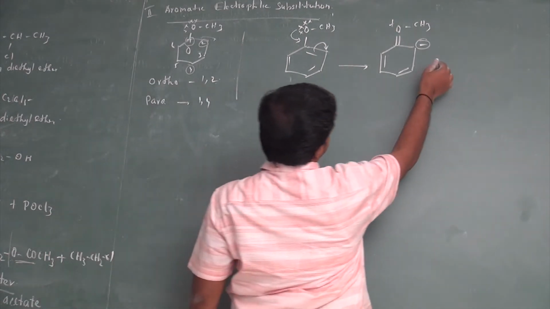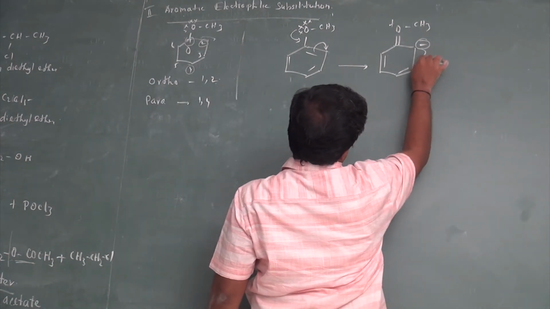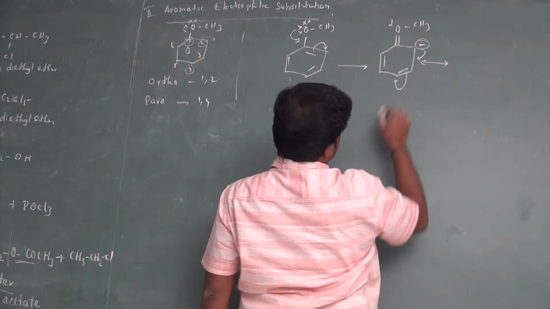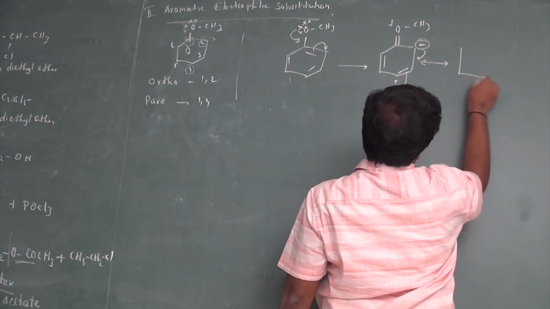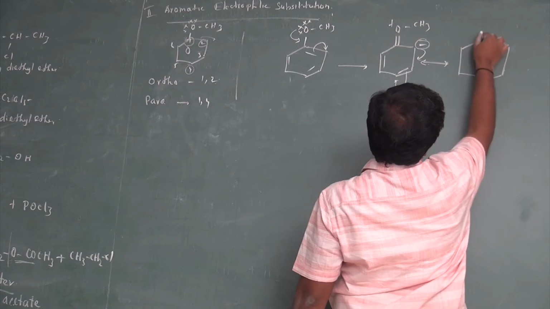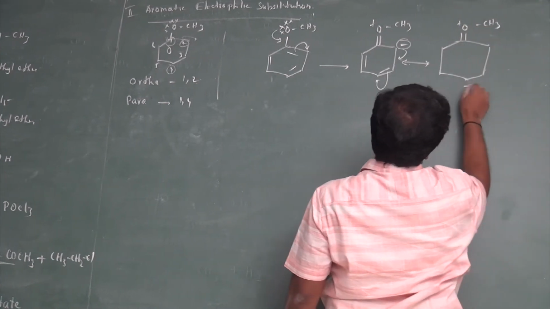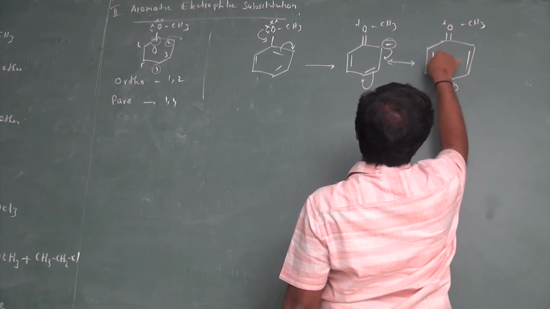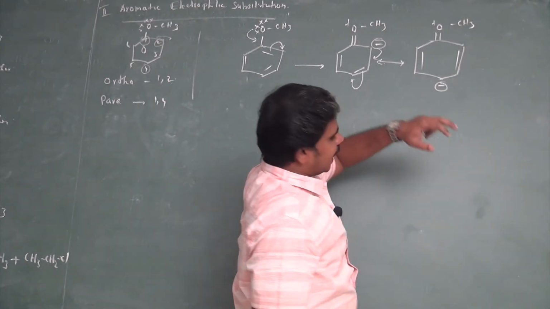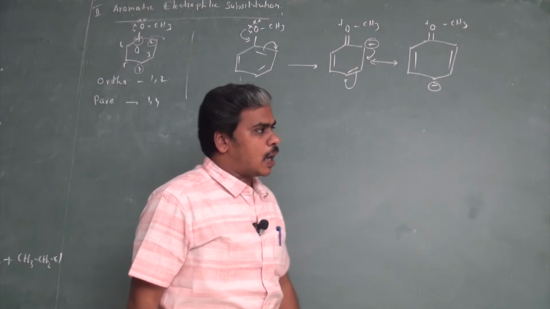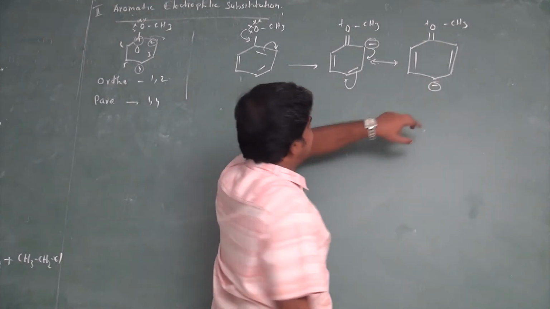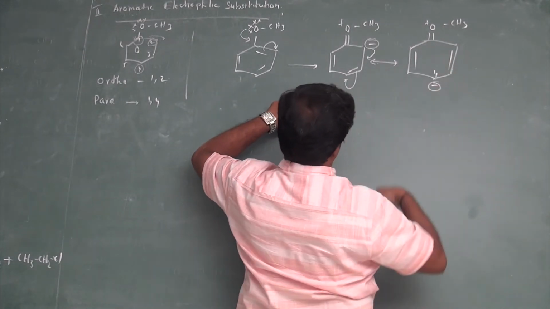Now on the resonating structure, the bond is going here, the bond is going here. So what happened? Here, that is C6H5 O plus and CH3 and a negative charge and the bond. So the negative charge will be created at the para position. It is the fourth position.